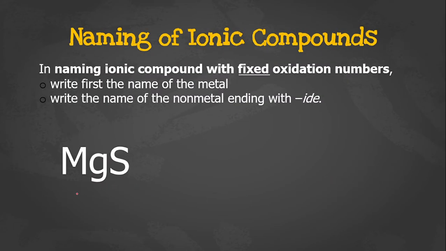MgS. So ano ang Mg? This is magnesium, while S is sulfur. So ano magiging ending nito? Yung sulfur, anong ending niya? So hindi mo ikakabit yung IDE dyan ha, hindi ganon. So change mo itong UR into IDE.